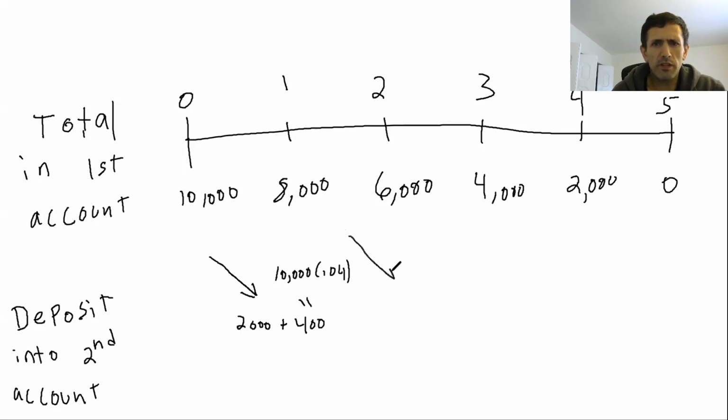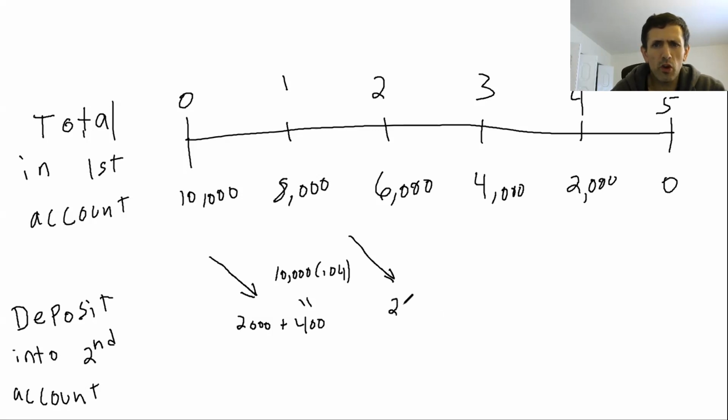And we keep doing this. From the end of year 1 to the end of year 2, we have 8,000 that accrues the interest earned in the second year. It's 4% annual interest, and 8,000 sits in the account for 1 year.